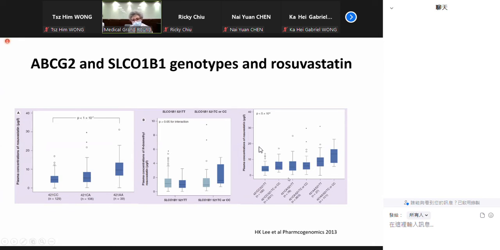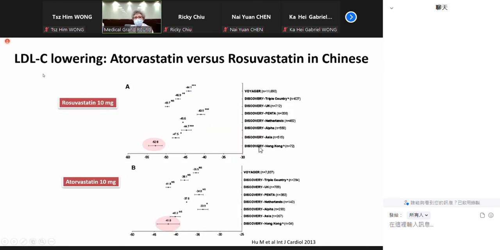So there is evidence suggesting that these genotypes can alter the handling of rosuvastatin. These are all in Chinese people. Subsequently, people started looking at this, and essentially what we found is that in some of these cohorts, the discovery cohorts in Asia, is a big analysis, and basically this is Asia and Hong Kong.